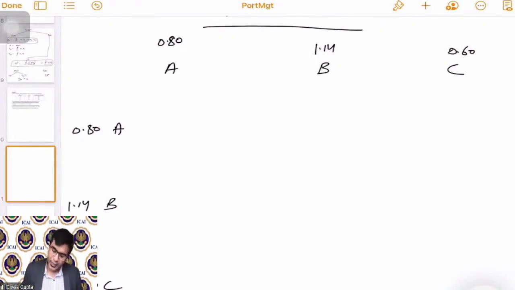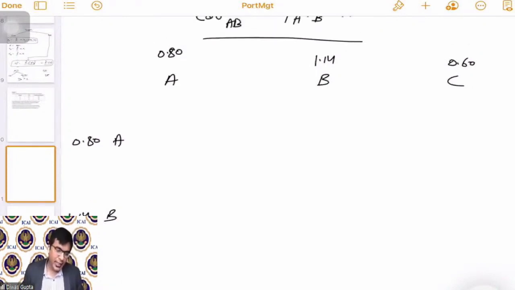0.60. Between A to A, the covariance is nothing but the variance of A, right? Because for a single series, there is no covariance, there is always a variance, as I told you. So we can put 20 square simply, because we will have to do 20 multiplied by 20 here.